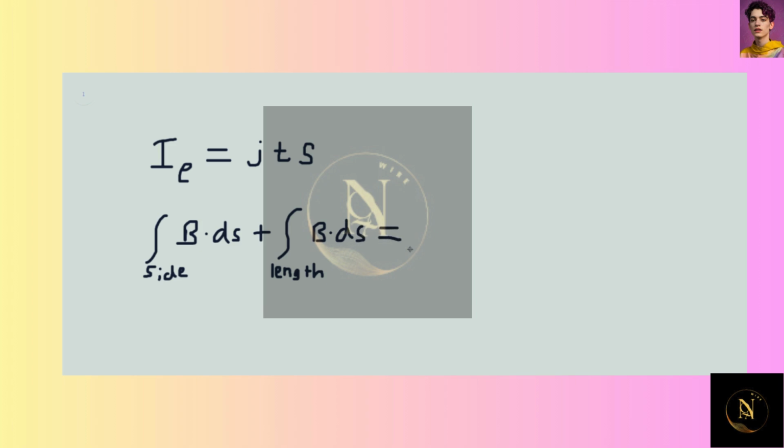Using Ampere's law, this is equal to mu naught times I enclosed. Or in other words, this is equal to mu naught times J times the thickness T times S, where again, S is the displacement of the current.